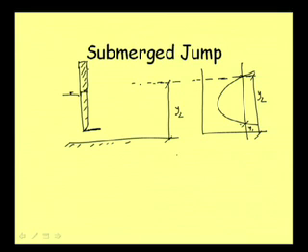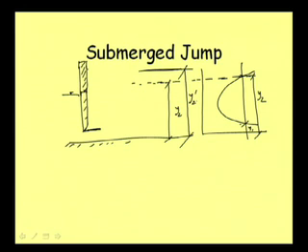Now, the tailwater depth that exists at the downstream side is, say, higher than this y2. The actual water level is here, which we name the tailwater depth y2 dash. Actual depth of water is this one.